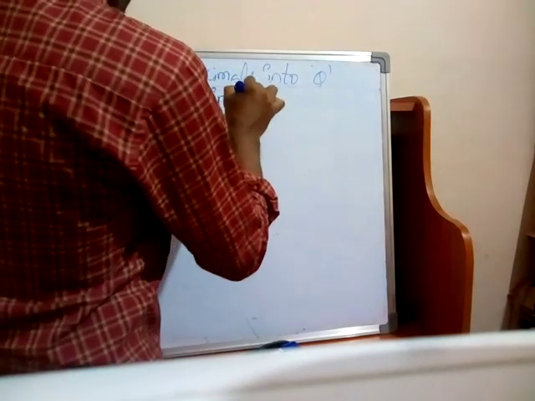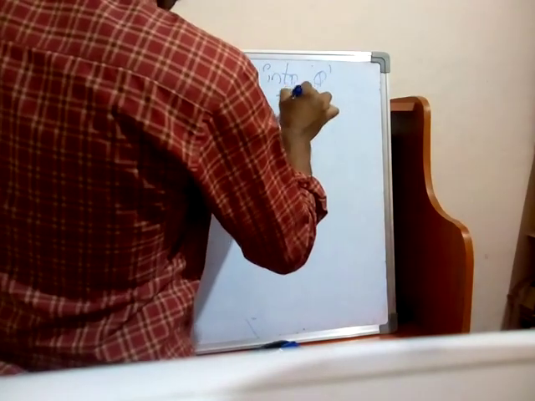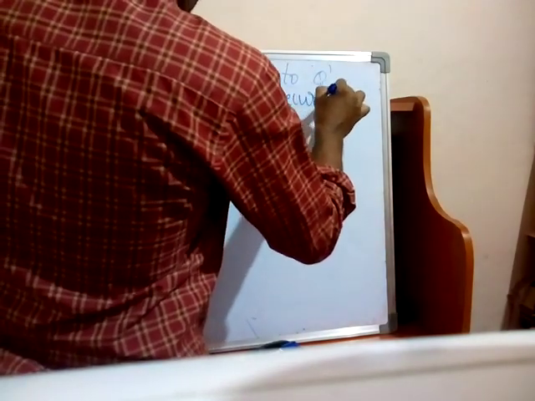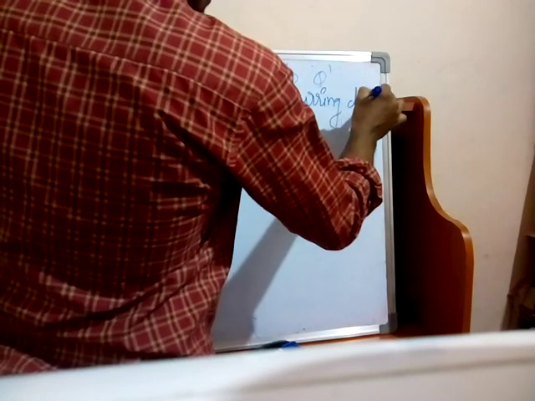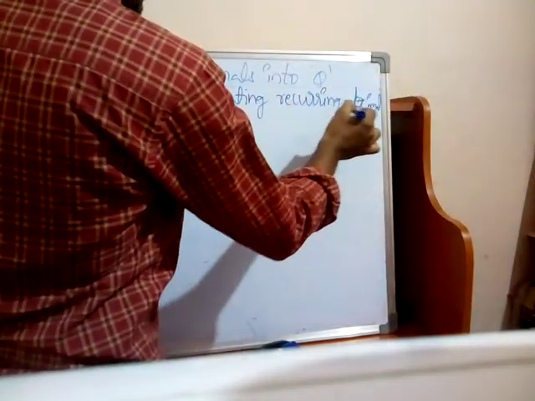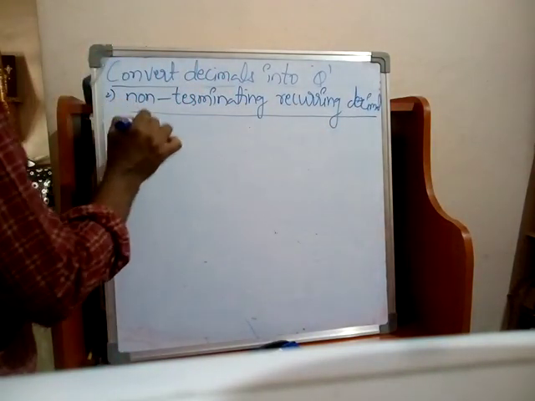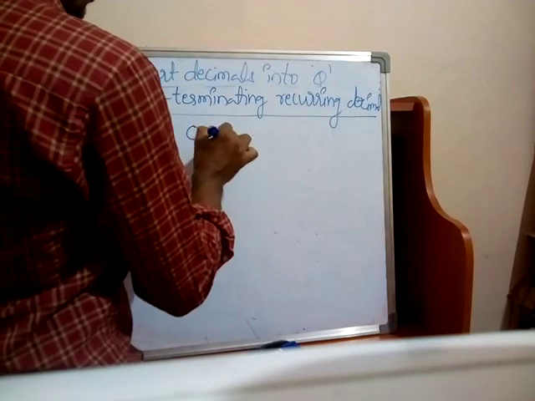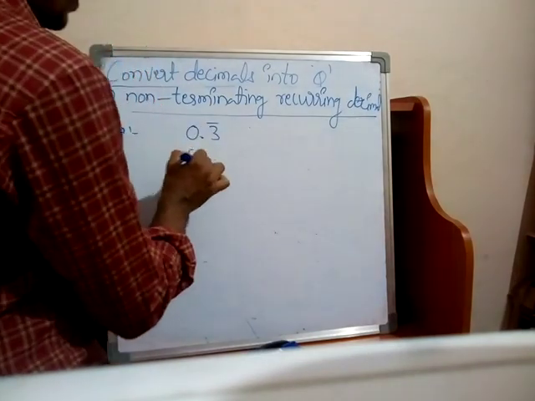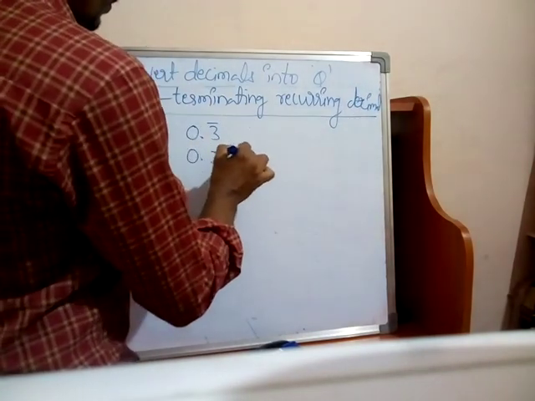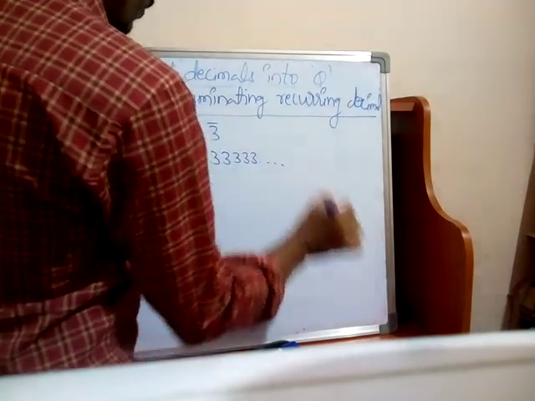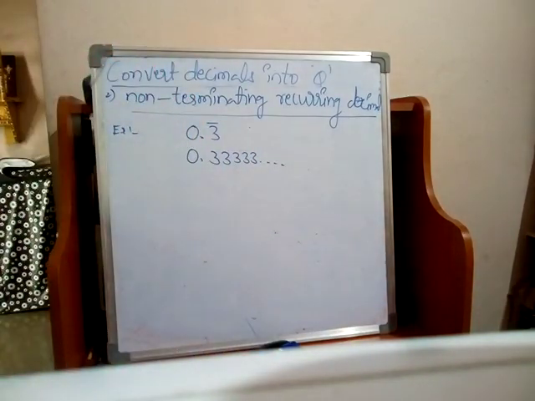See this example. 0.3 bar means 0.3333 like this. Okay. So this is a non-terminating recurring decimal.